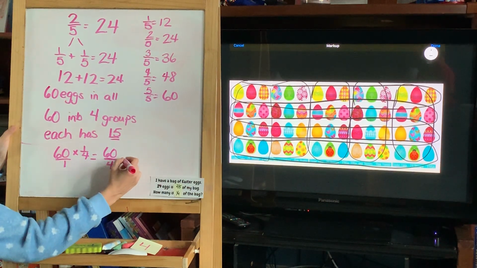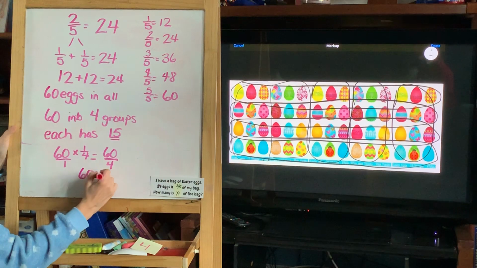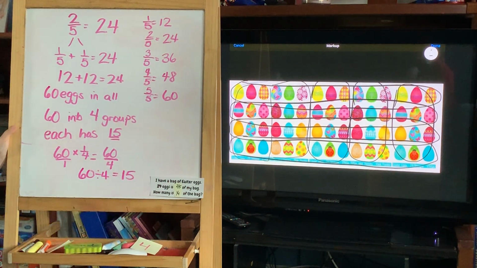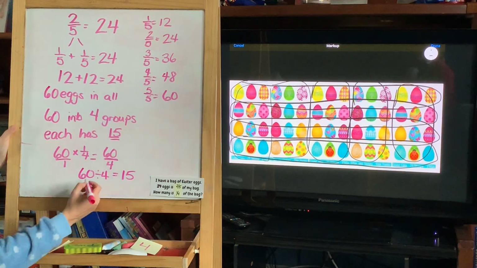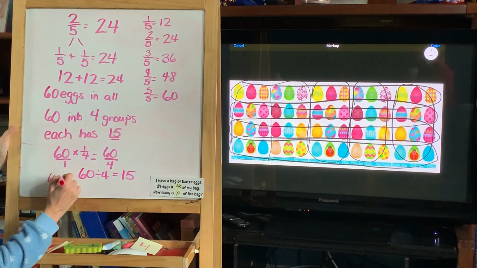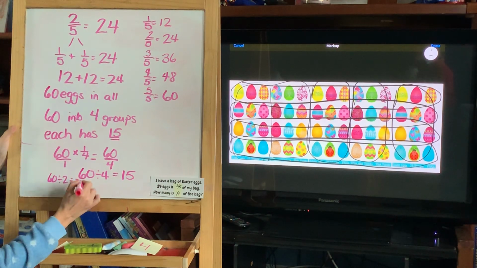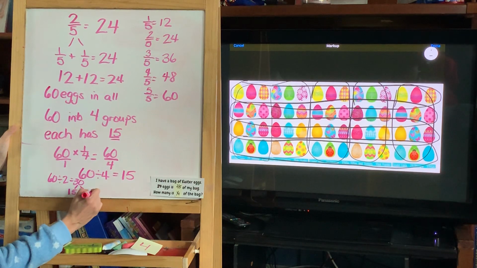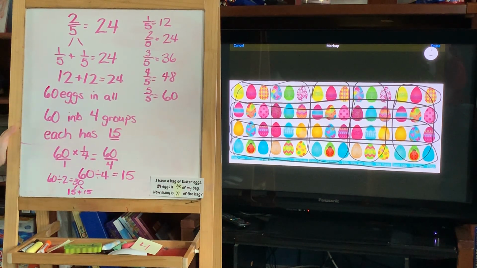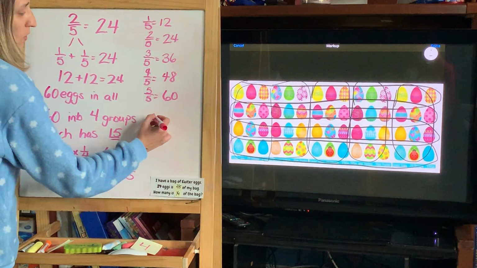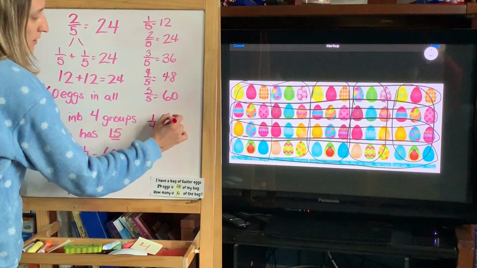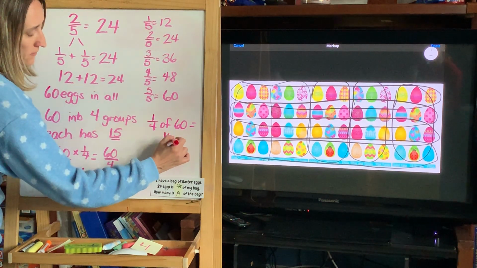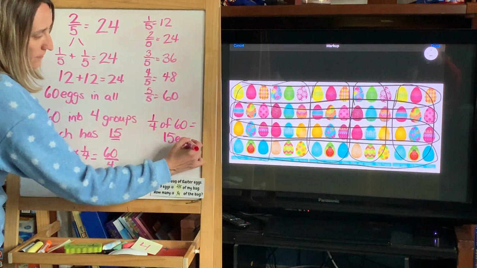So we're going to do 60 divided by 4, which also equals 15. So how I knew that is 60 divided by 2 equals 30, but then I also need to break that into 2, so I would have 15 plus 15. So my answer to my question is 1/4 of 60 equals 15 eggs.